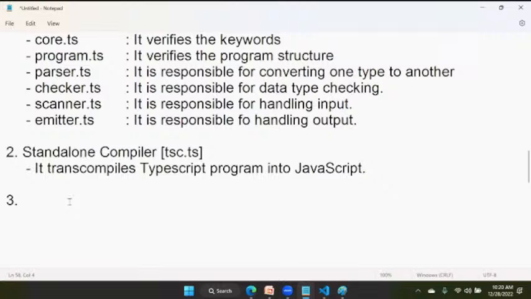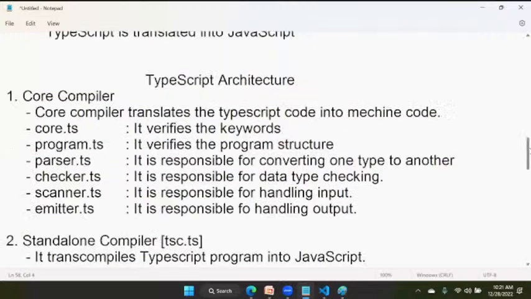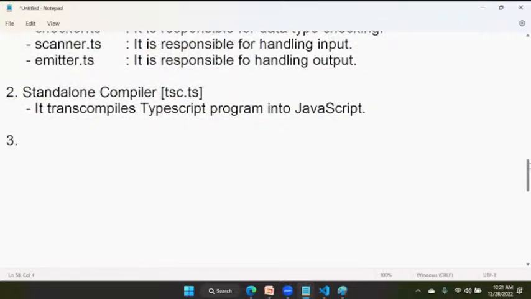A standalone application means an application that runs on the machine where it is installed. That is basic common sense, so everybody knows that. What is a standalone compiler? Generally, standalone means it is installed and executed on the same machine. This is the general core compiler; another one is the standalone compiler.